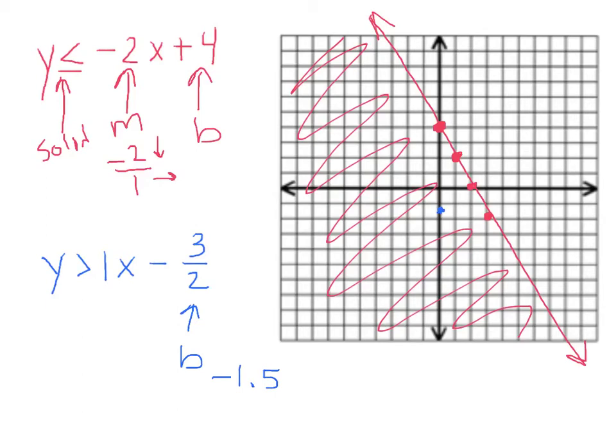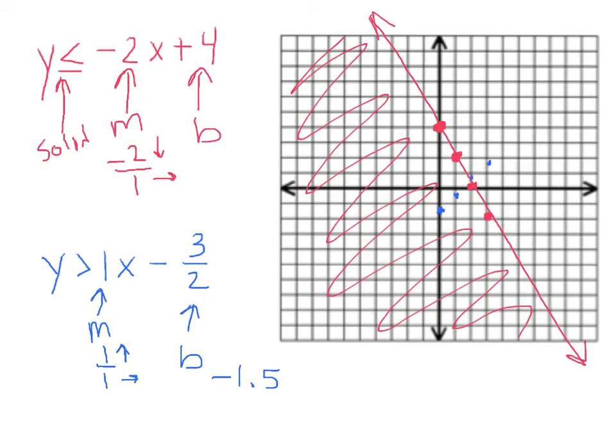Then we find our slope, m, which is 1 over 1, so we go up 1 and right 1, and again up 1 and right 1, and I can start making the line.